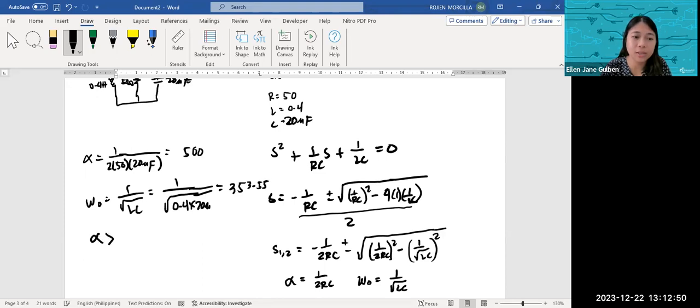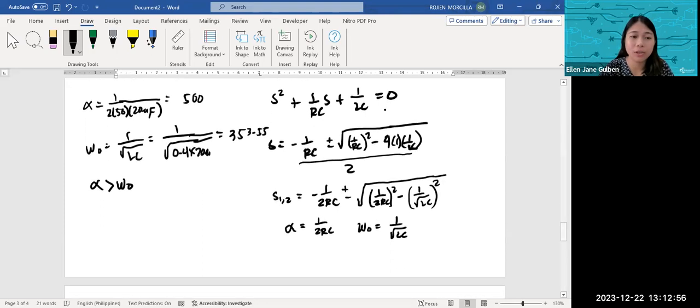So alpha is greater than omega sub O. So we have an overdamp, the circuit is overdamp.